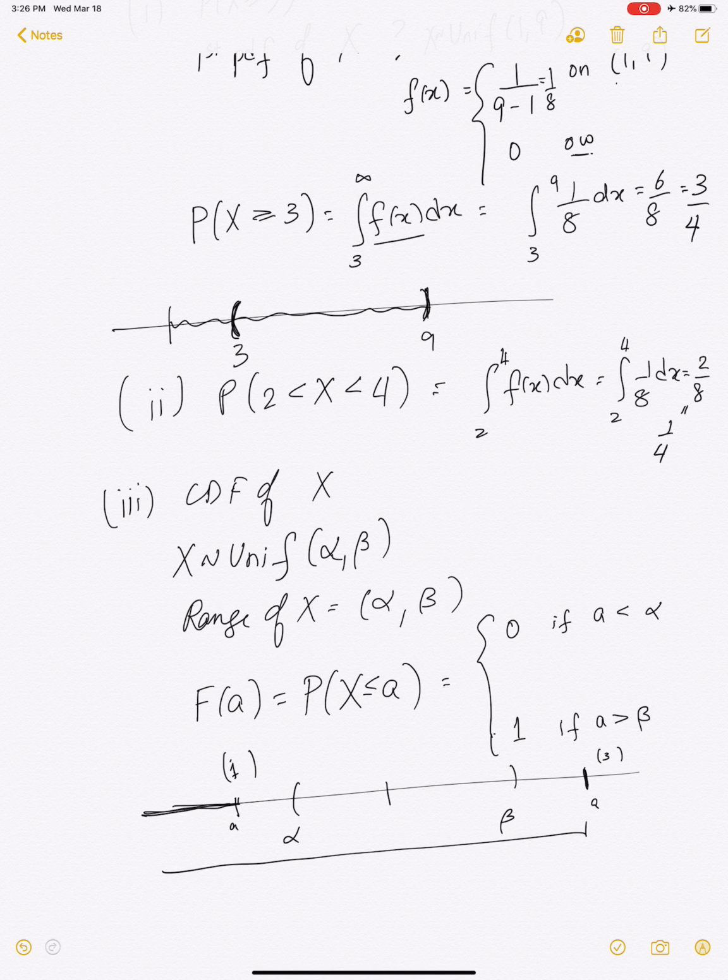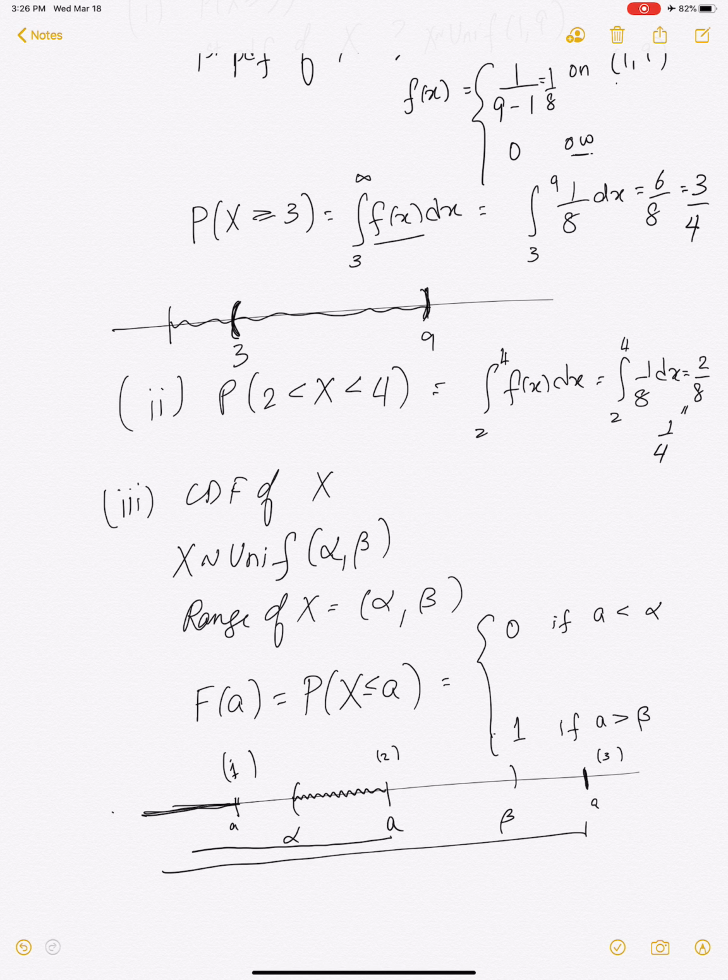Lastly, this is the most complex situation. Let's pick an a in the interval alpha to beta. What's the probability x is less than a here? That's the same as the probability that you're in this interval, because you're never less than alpha.